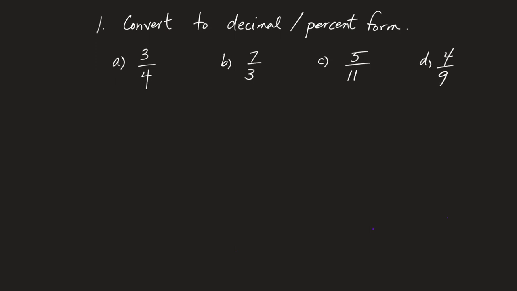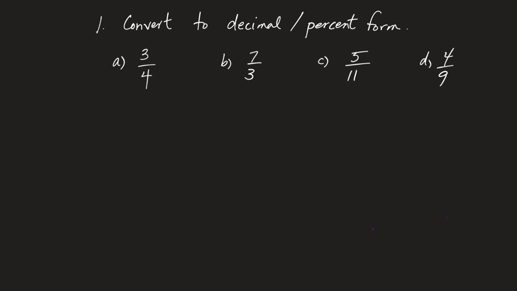What you see on the screen right now, there's 4 problems we want to work our way through. You'll see the instruction says to convert to decimal form or percent form. So we're going to jump in on what I would call pretty straightforward with question A, and then we're going to work into some uglier stuff towards question C and question D. So let's jump in on A. We have 3/4.